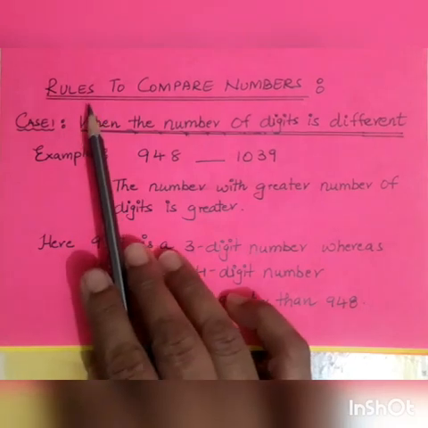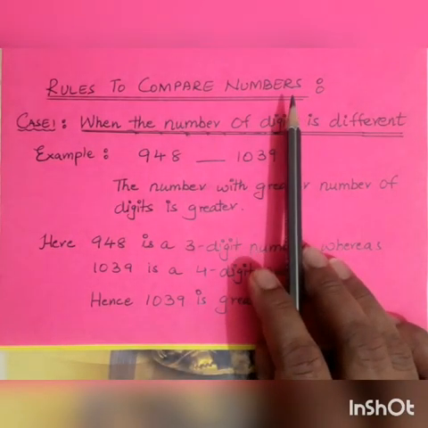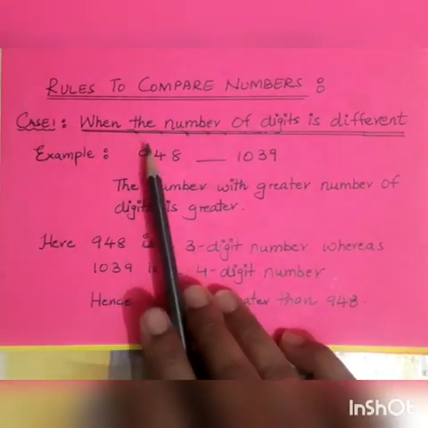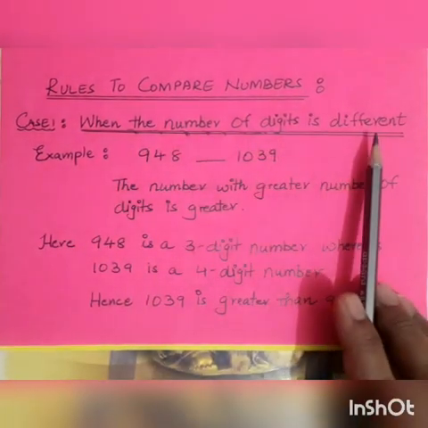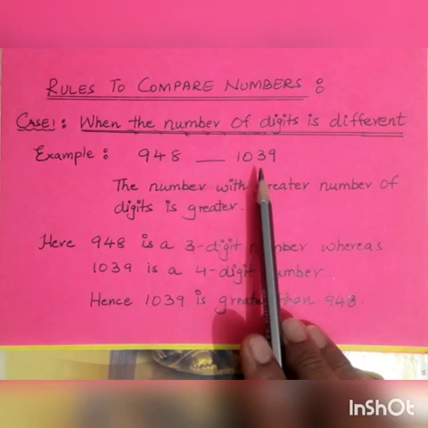Let us study about the rules to compare the numbers. Here we have two cases. In case 1, when the number of digits is different, count the number of digits that is given in the numbers at the either ends.